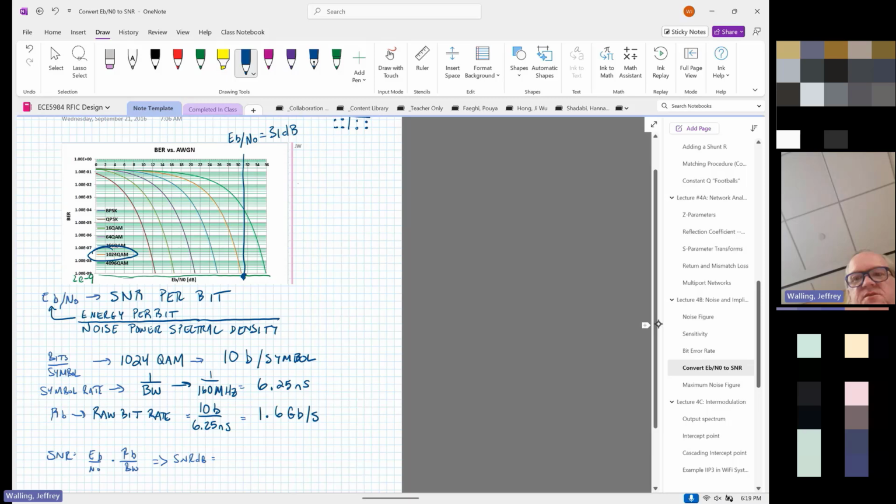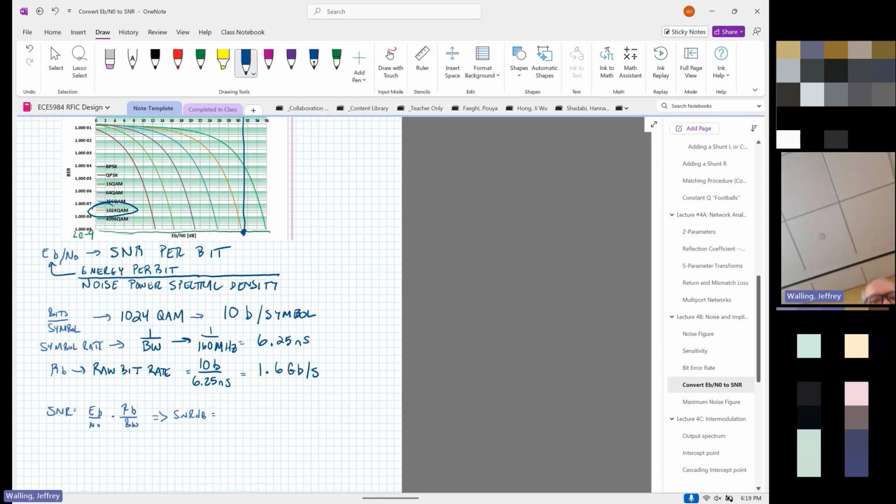All right. So now to convert our Eb over N0 to an SNR, we multiply Eb over N0 by the raw bit rate over the bandwidth. Often this is given in dB units.